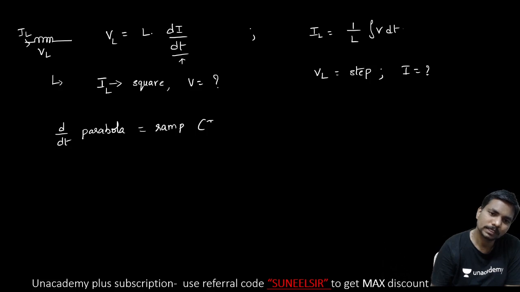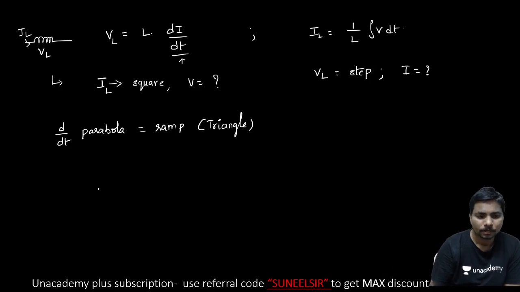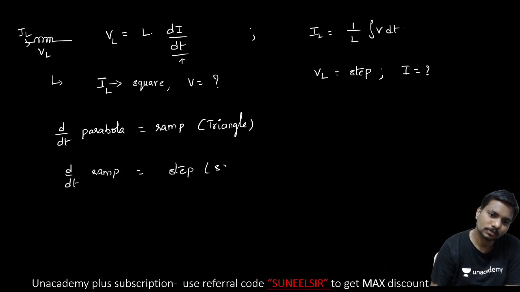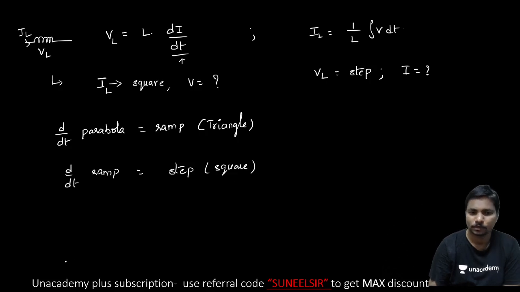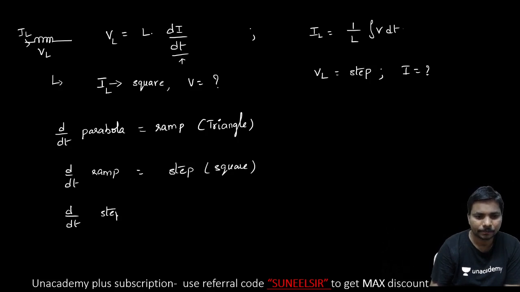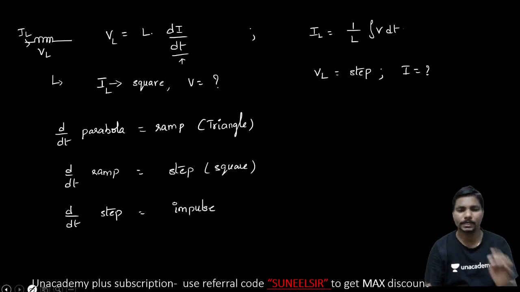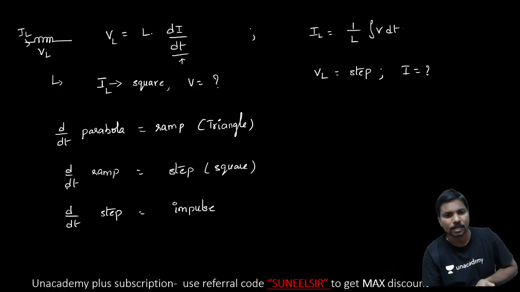We can also say a triangular shape. If you differentiate this ramp or triangle, you will get a step, which we can also call a square. If you differentiate this step, you will get an impulse.